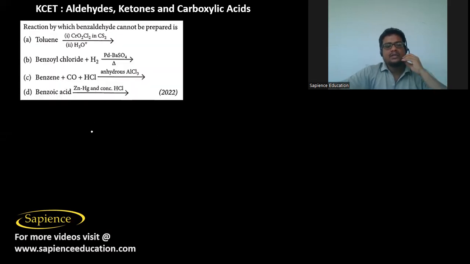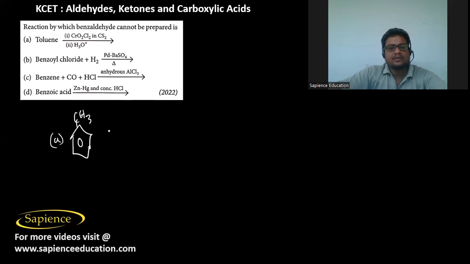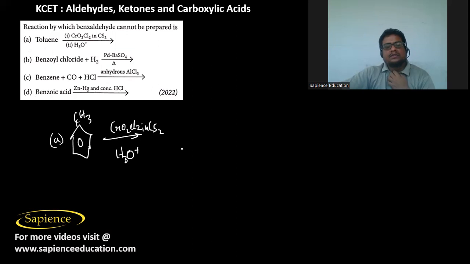And here it is asked, the reaction by which benzaldehyde cannot be prepared is, so toluene, the first one is toluene, CH3, when that reacts with CrO2Cl2 in CS2 in the presence of H3O plus, then obviously it will form benzaldehyde.